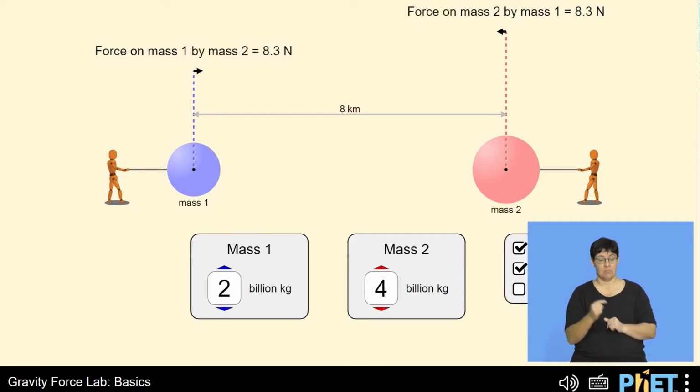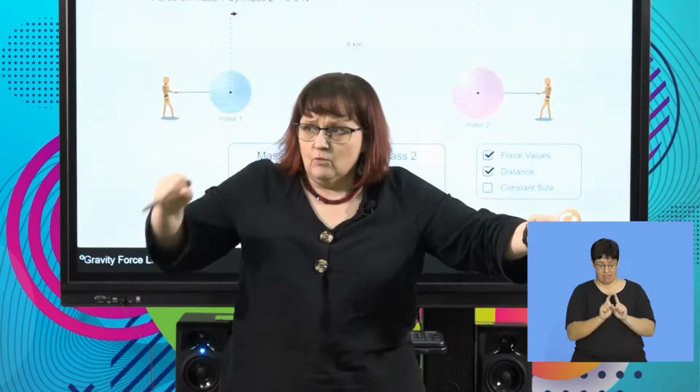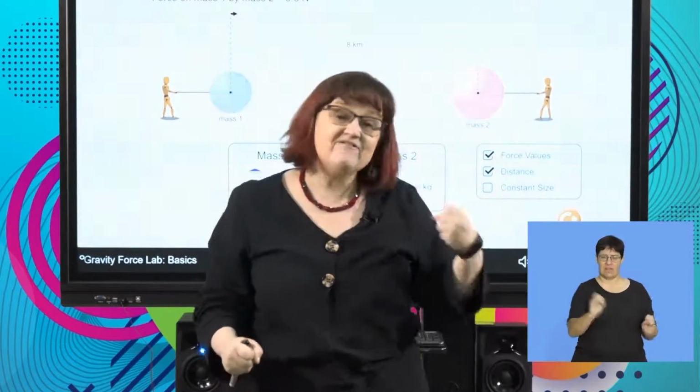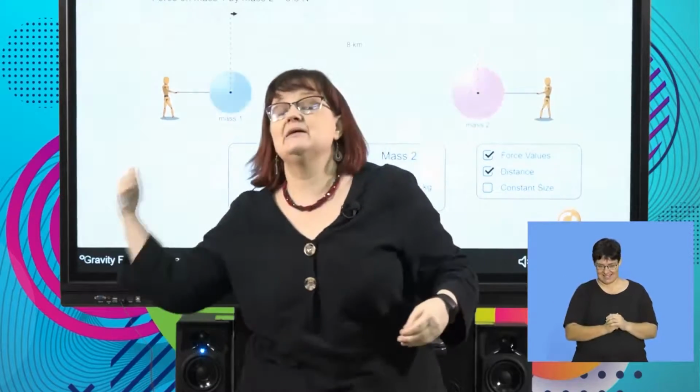I've now doubled the distance. Look how small that force is now. That's significantly smaller. So I went from 33,4 to 8,3. That's a big difference. So by doubling the distance, we know there's an inverse relationship, but I didn't halve the force. In fact, it's 4 times smaller.